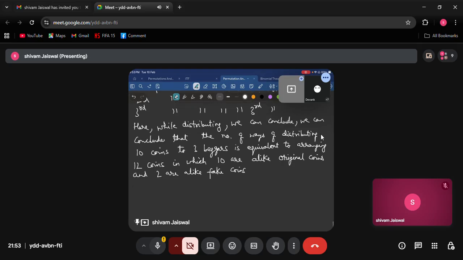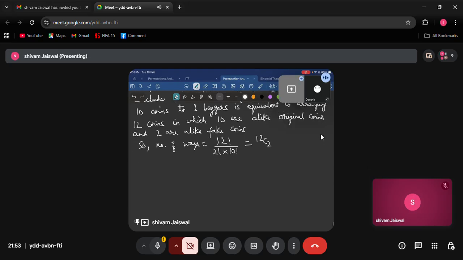Okay. So number of ways will be equal to 12 factorial divided by 2 factorial into 10 factorial, which can be written as 12C2. So I'm going to generalize this. Okay, generalization.